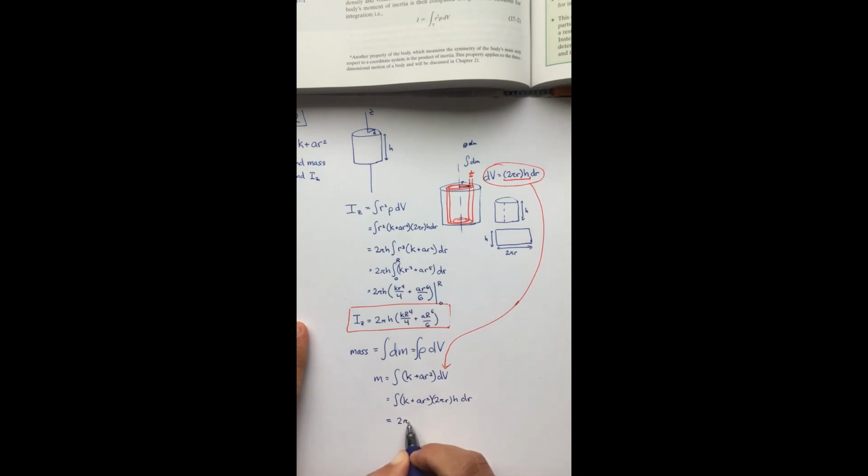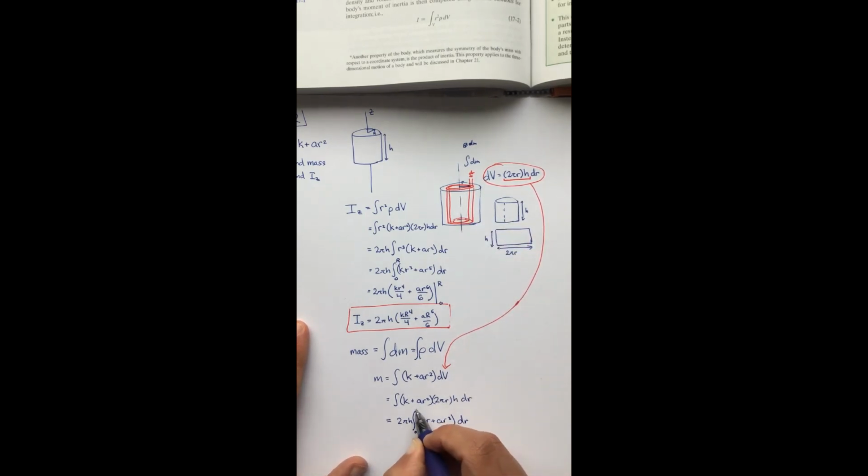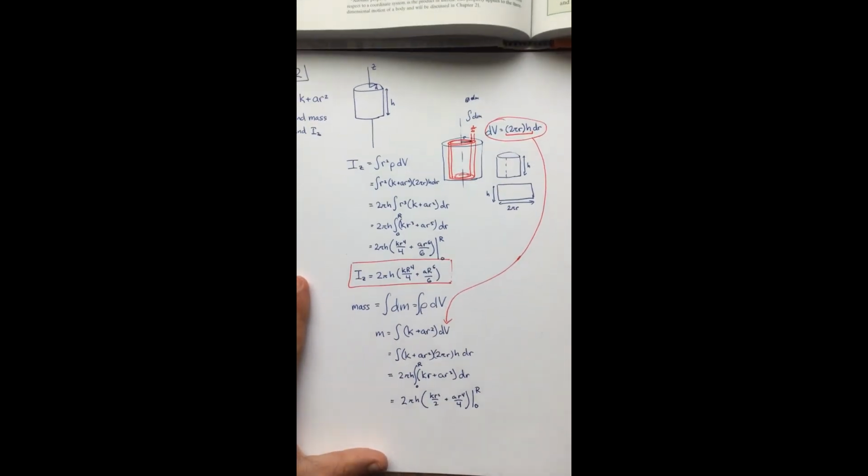We can pull out a 2 pi h, distribute this r, so now I have the integral of kr plus ar cubed, integrated with respect to r, adding up everywhere we have mass, so going from 0 to the outer radius, and that gives me 2 pi h. For my integral here, I get kr squared over 2. When I integrate r cubed, I get r to the 4th over 4, going from 0 to r.